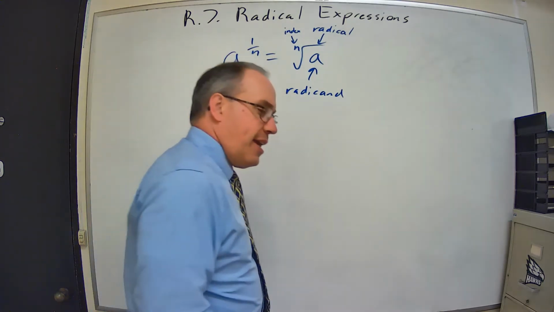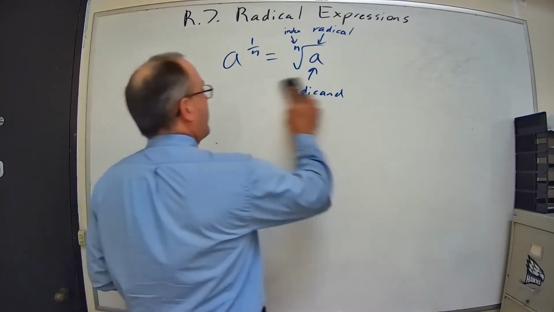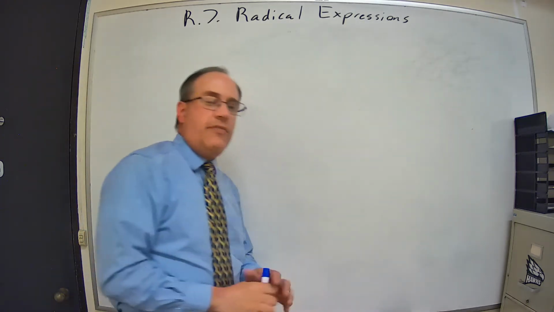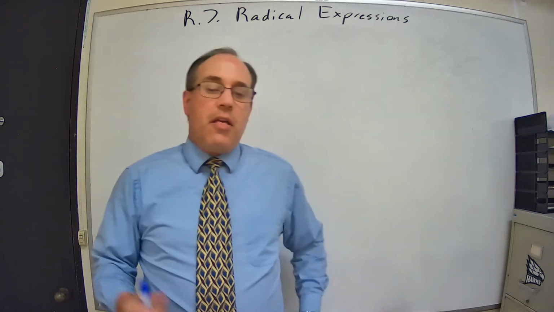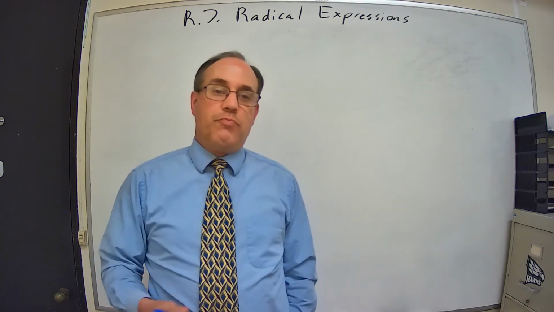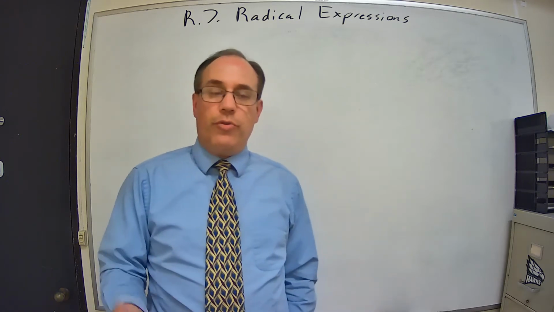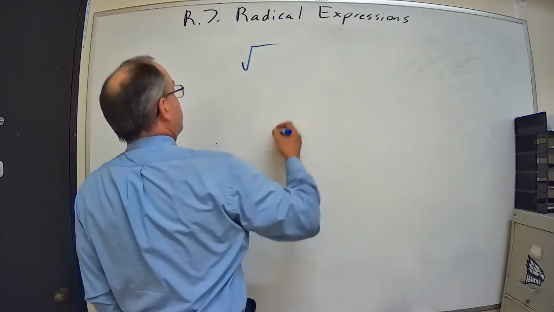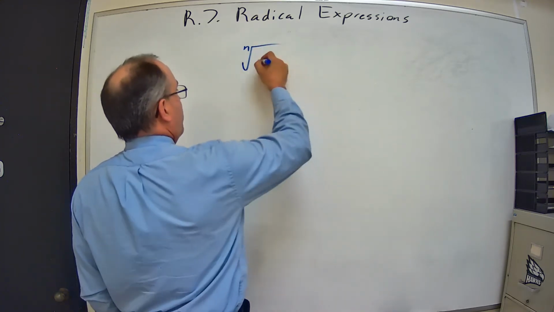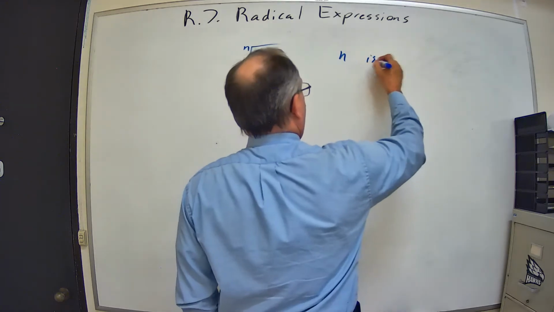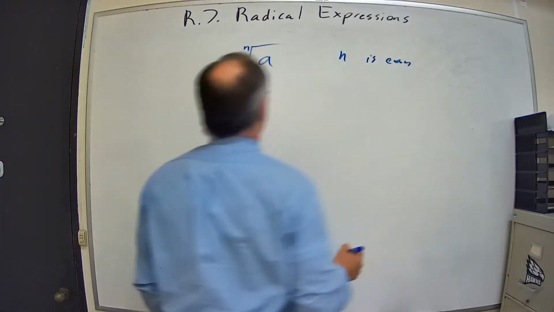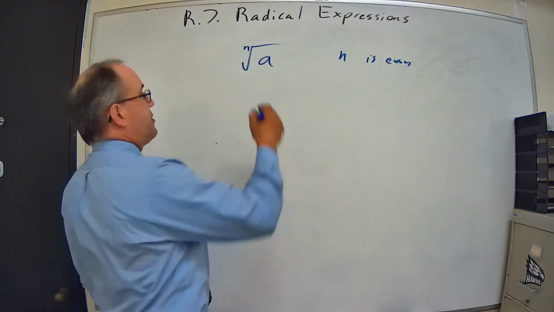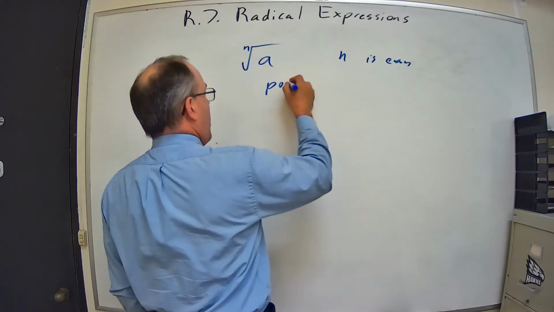Now remember that when we have a radical and it has an even index, we generally accept that as being the positive root. So if we have the nth root of a, where n is even, then we're going to use the positive root of that.